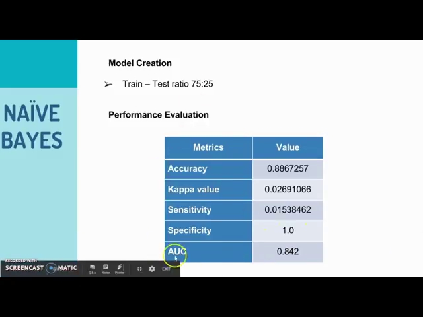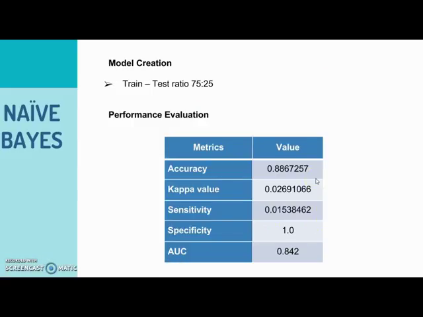As we can see, this table shows the results we obtained from evaluating the naive Bayes model. The model is 88.67% accurate. It is 1.5% sensitive to positive values and 100% sensitive to negative values.